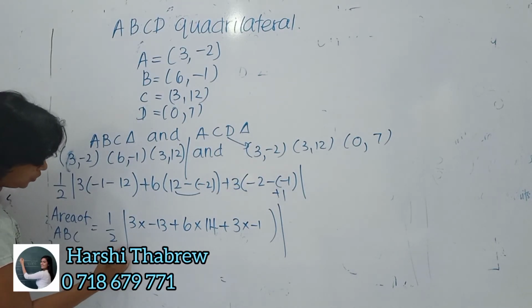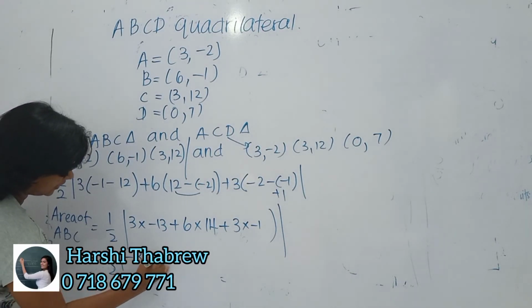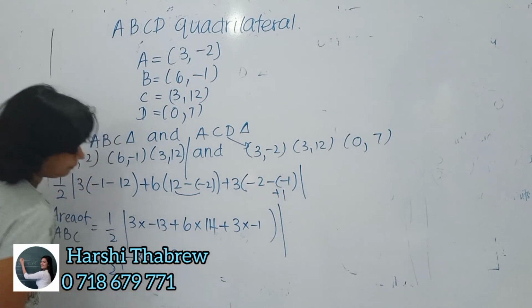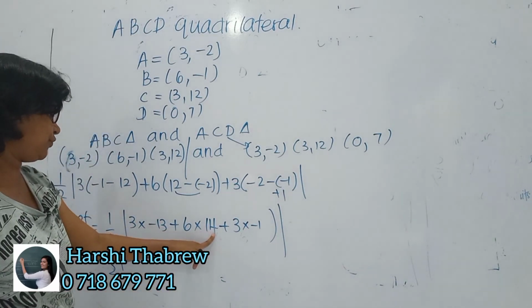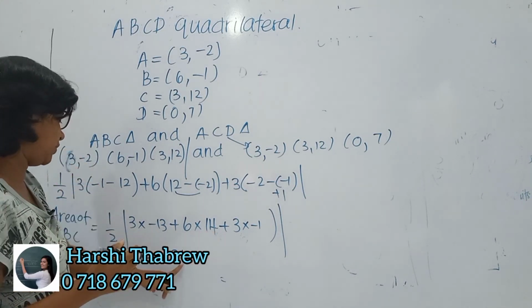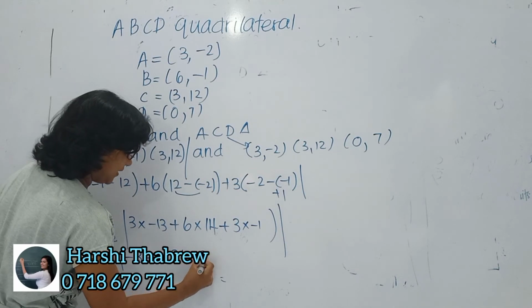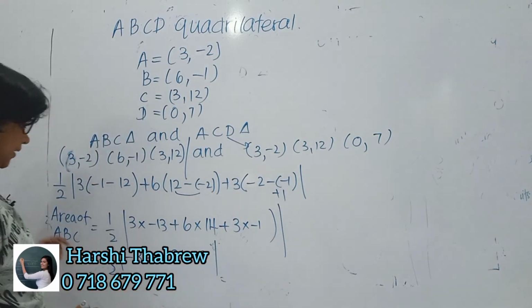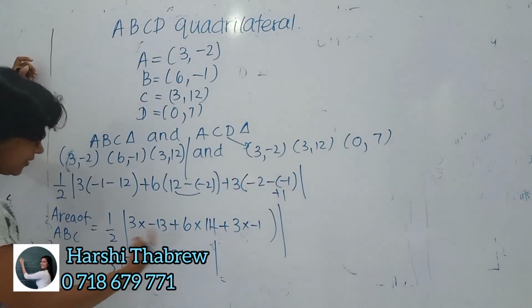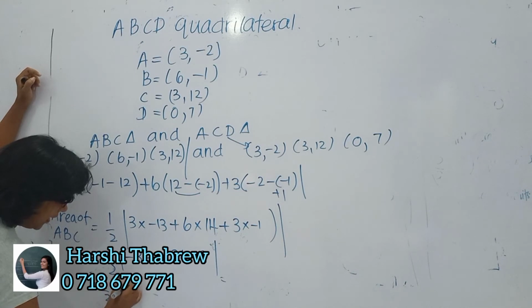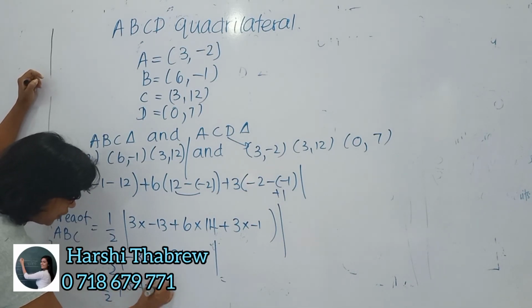Then half into negative 39 plus this becomes 84. 6 into 14, it's 84. Then it's negative 3, here 42 should be reduced by 84. Then half into 84 minus 42.